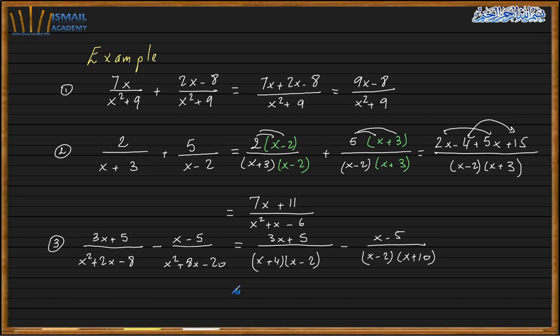Now it's getting easier. In order to make the denominators the same, what's missing here is x plus 10, so I multiply by x plus 10. What's missing here is x plus 4, so I multiply by x plus 4.